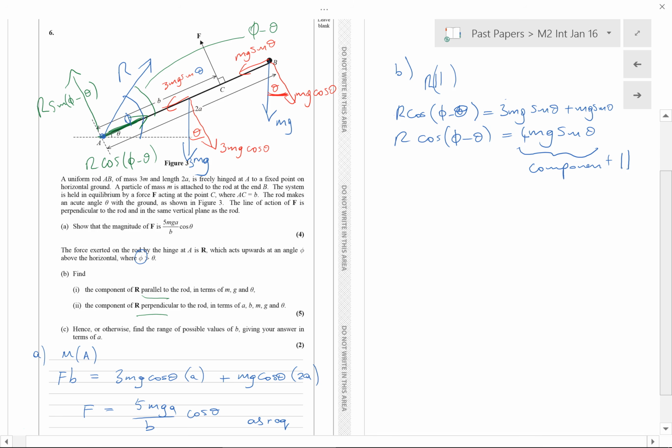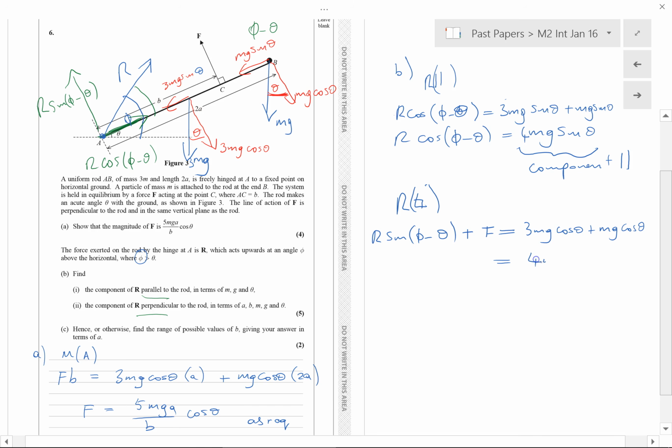Okay, so if I resolve perpendicular to the slope, I've got my R sine (phi minus theta), which is the bit I want, plus F, because that's now figuring in there, is equal to the two forces acting in this direction, which are 3mg cos theta plus mg cos theta.